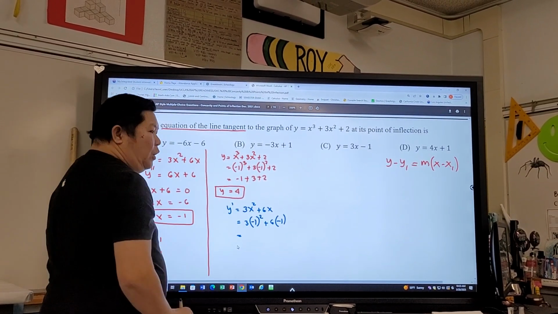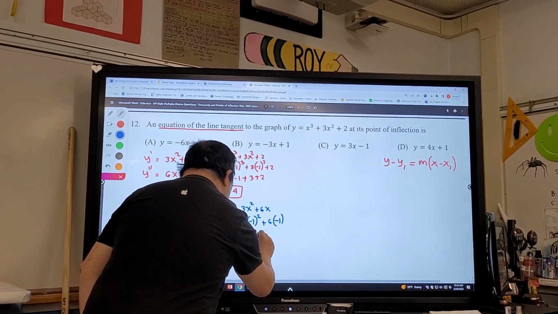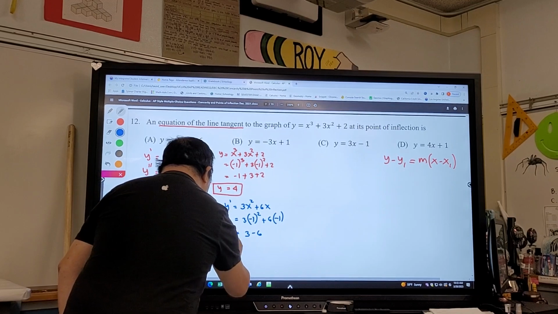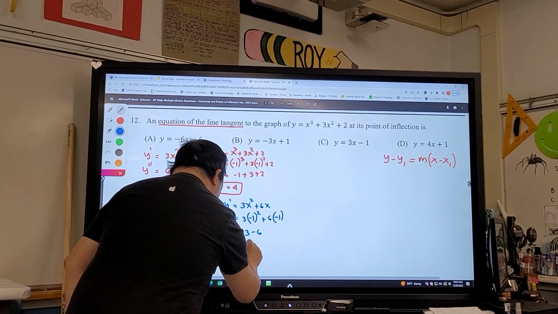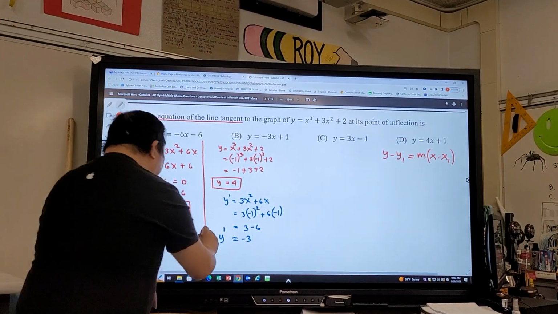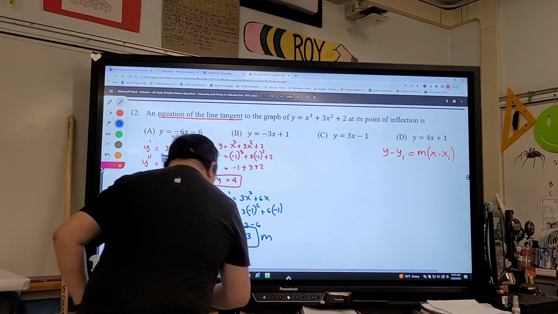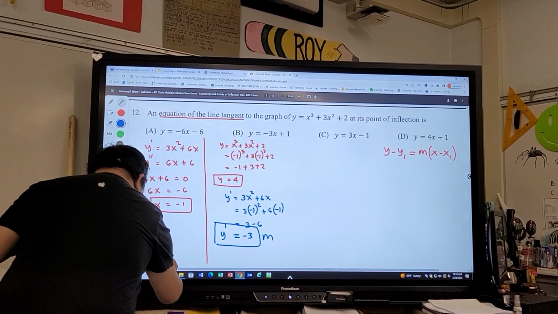Okay, so positive 3 and minus 6, right? So therefore, the slope is negative 3. Get me, guys? This is now the m, slope or m, which is negative 3.